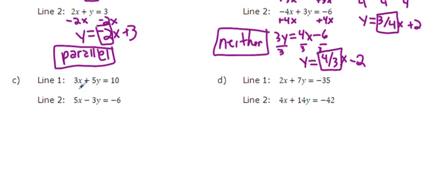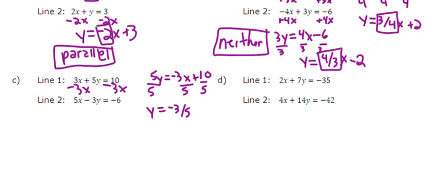So this one, I subtract 3x. I have 5y equals negative 3x plus 10. Divide by 5. I have y equals negative 3/5 x plus 2. Over here, I'm going to minus 5x.